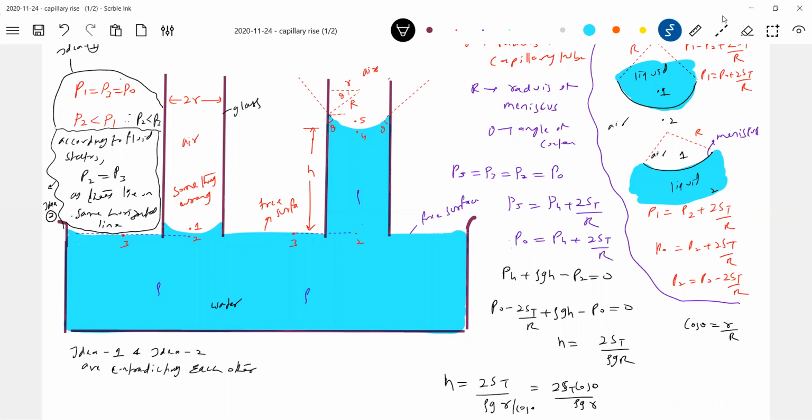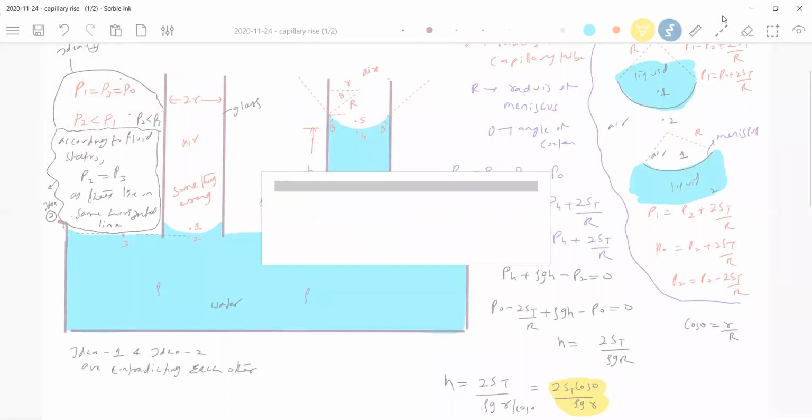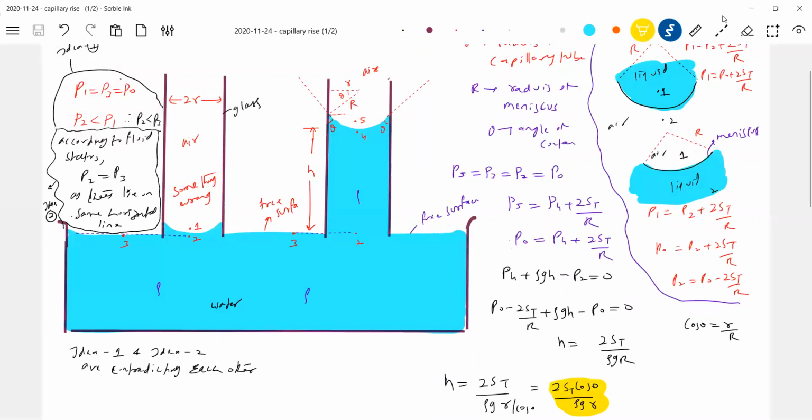Theta is what? Angle of contact. So this is the expression for the height to which the water will rise in the capillary tube. Able to understand? So under these conditions, this is our expected answer. Now, what is the shape of the meniscus?